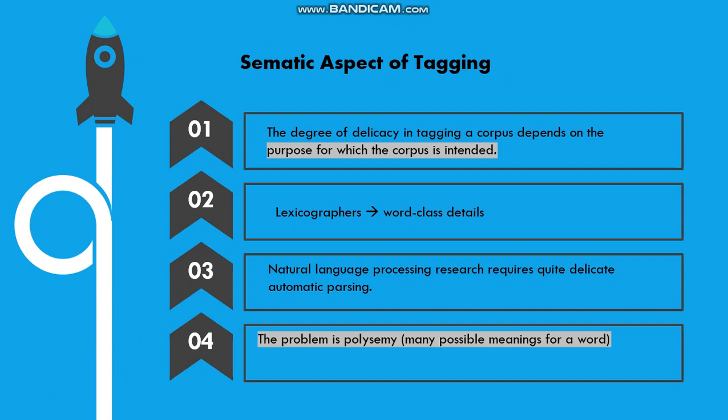And the third type of corpus annotation and processing is the semantic aspect of tagging. When we talk about the semantic aspect of tagging, we talk about the purpose for which the corpus is intended. So lexicographers try to look for detailed information, not as a single word, but usually it deals with the meaning of it.